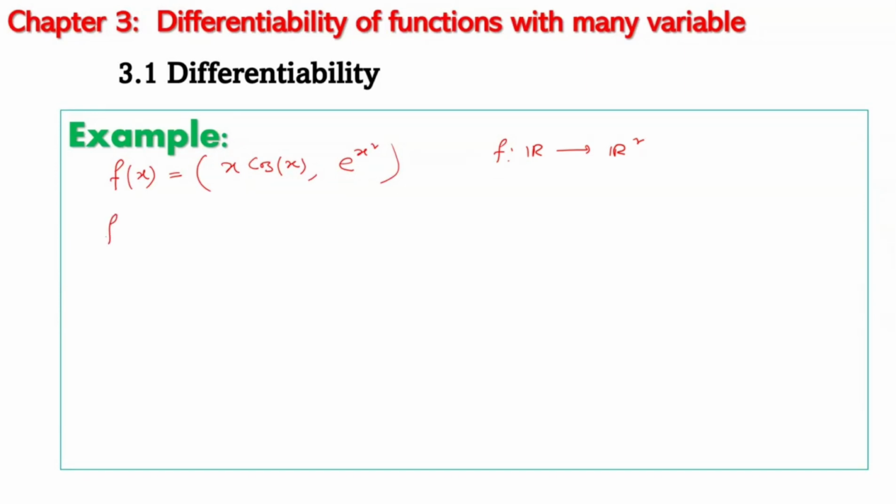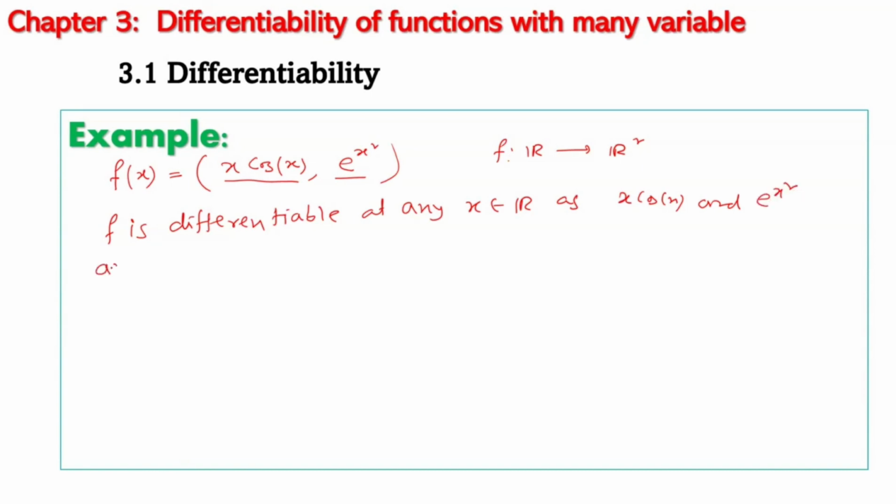So the function is differentiable if each of these components is differentiable. So this is differentiable, this is differentiable, so f is differentiable at any x belonging to R, as x cosine x and e to the power x square are differentiable.